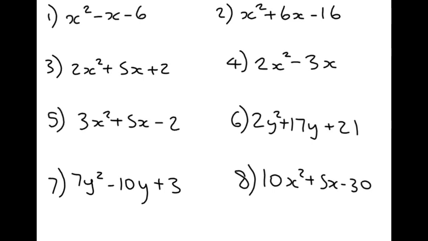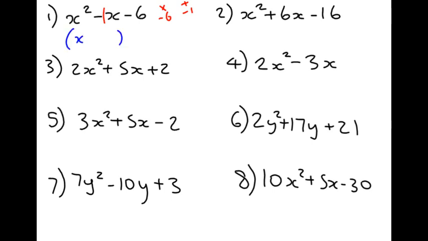Right, x squared minus x minus 6. Well, there's a minus 1 in front of the minus x, just to make your numbers easier. So we're trying to multiply to make minus 6, and we're trying to add to make minus 1. Because it's a minus that we're multiplying to, one has to be plus and one has to be minus.